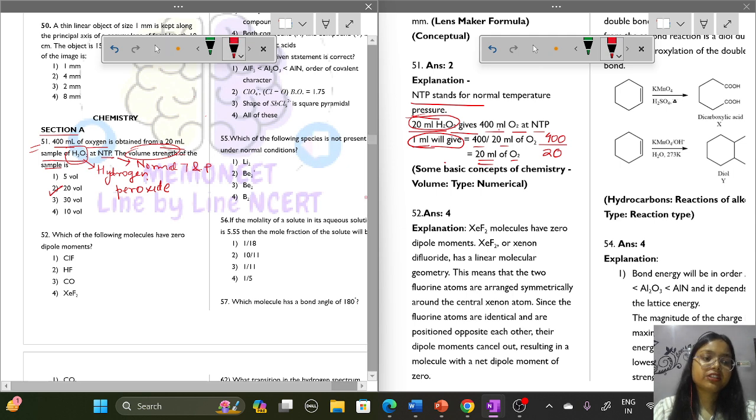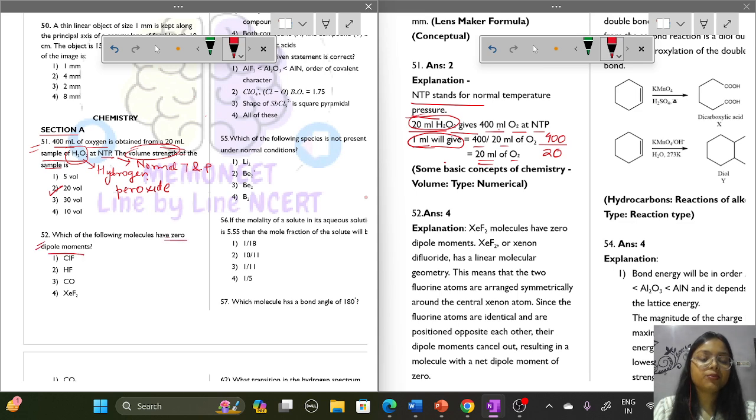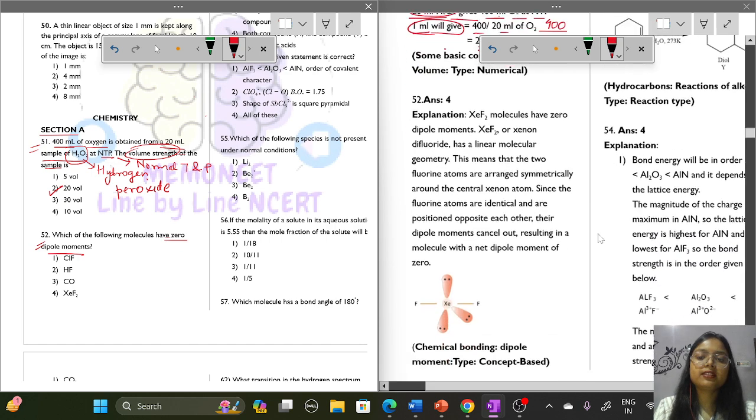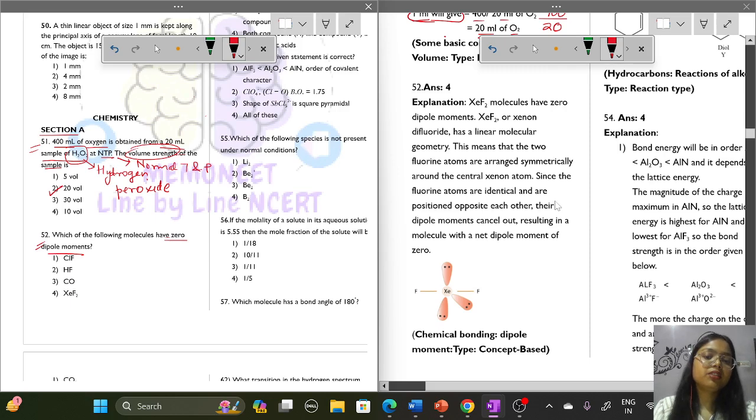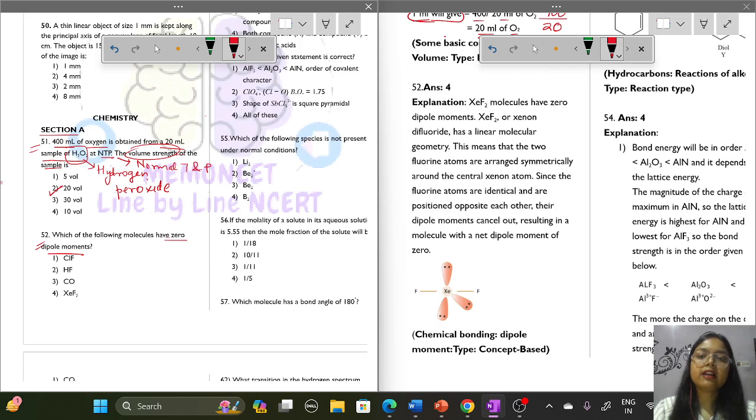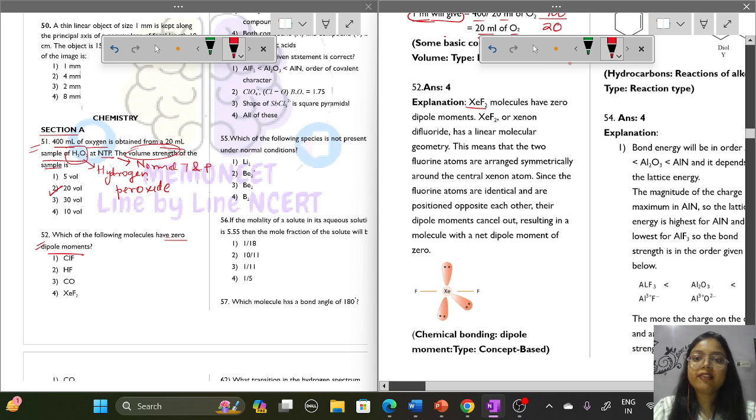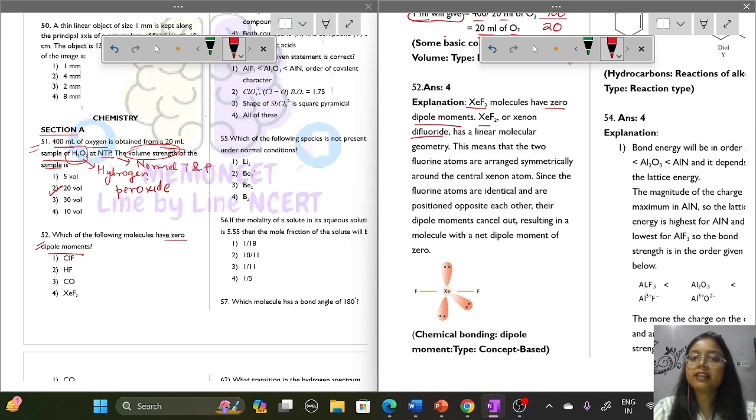Next, question number 52. Which of the following molecules will have a zero dipole moment? We have already discussed zero dipole moment in previous questions. XeF2 molecule will have the zero dipole moment. Why? Because the XeF2 molecule, or xenon difluoride molecule, has a linear molecular geometry.